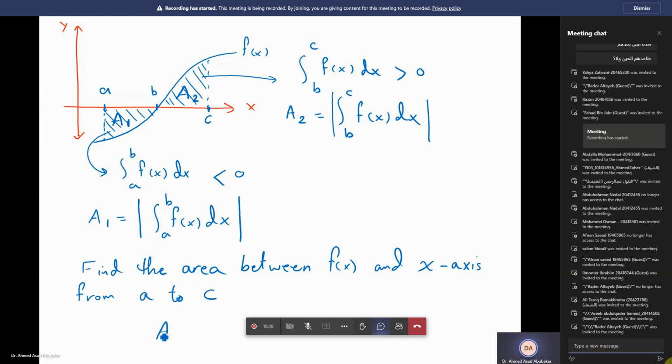The area must be found as A1 plus A2, not by finding the integral from A to C. This is incorrect. We must separate. Find the area under the x-axis, find the area above the x-axis. So we cannot find the area from A to C by integration from A to C, because we have some part under the x-axis and another part above the x-axis. So we need to separate the regions.